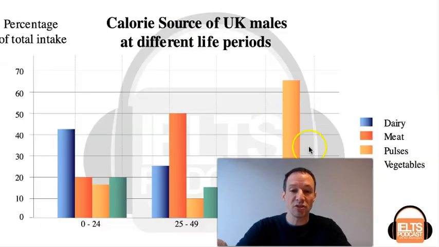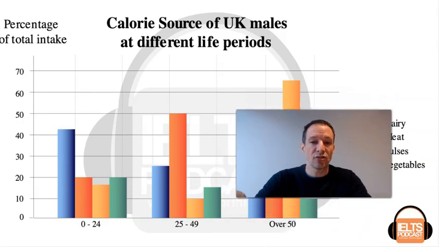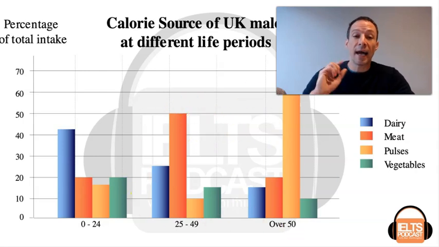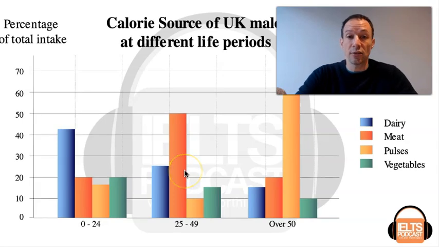A good way to demonstrate this is to give you a quick look at a chart. So here we've got calorie sources of UK males at different life periods. A good way to organize the data would be to talk about this one, and then talk about this one. Another way is to look for groups.